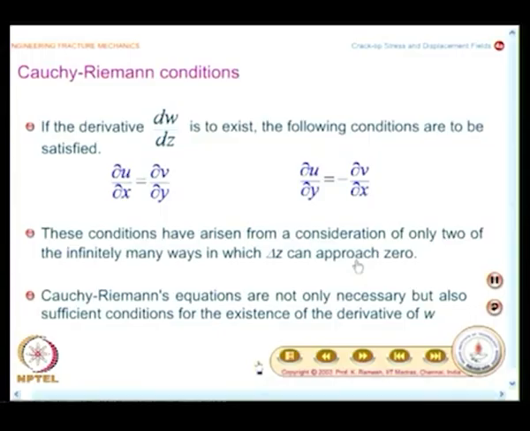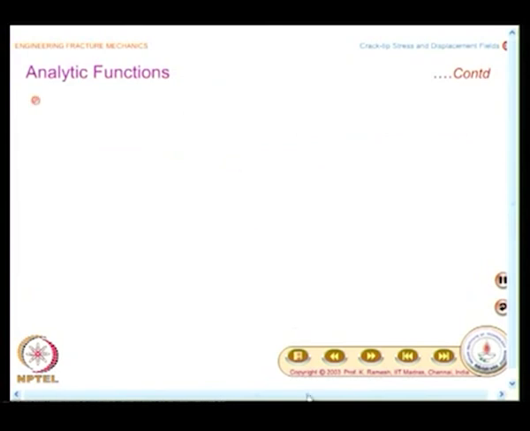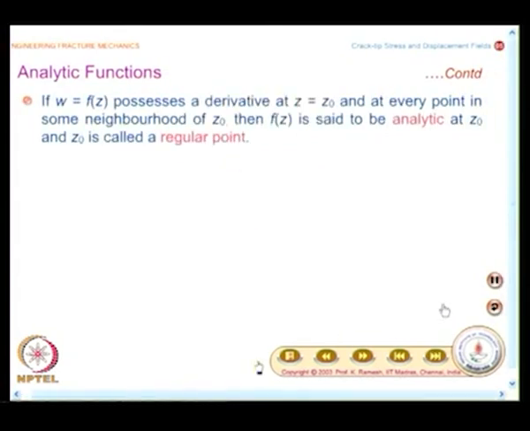This is very important, and what you find is, for a complex function w to be differentiable, the Cauchy-Riemann conditions are given like this. If these two conditions are satisfied, the function w is differentiable and it is an analytic function. And we also have certain generic definitions. We will look at these aspects.